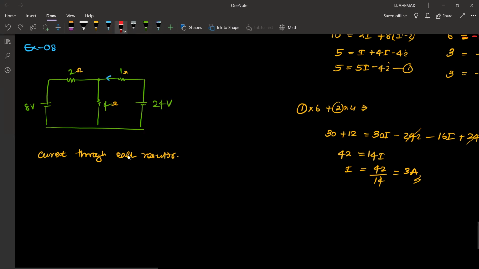Here, can I tell the current in this is 2I and current here is I.